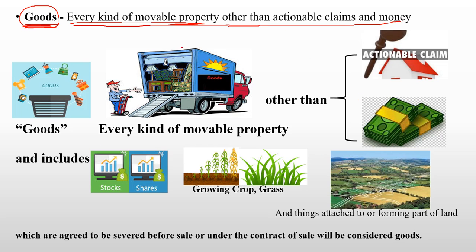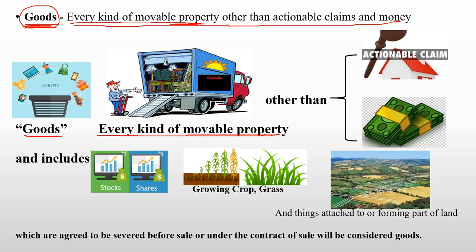Now you can see these pictures. By this picture you can understand the definition of goods. Goods may be anything, like your clothes, cupboard, refrigerator, book, laptop, table, fan, etc. There are many goods. Goods means every kind of movable property.